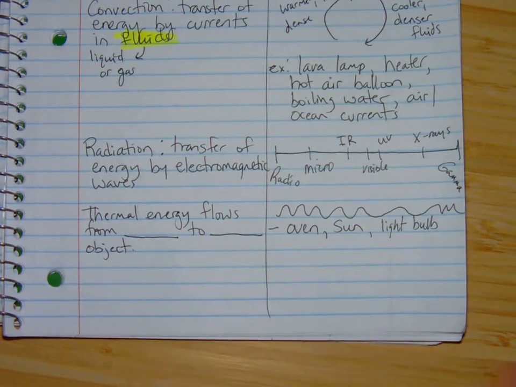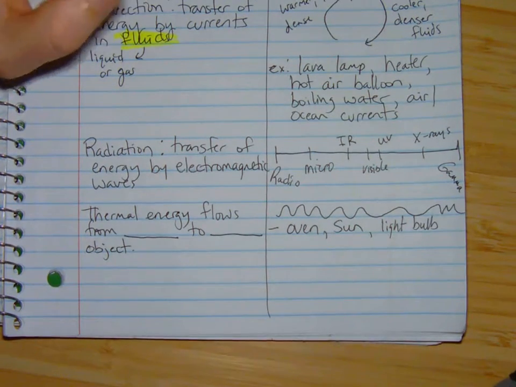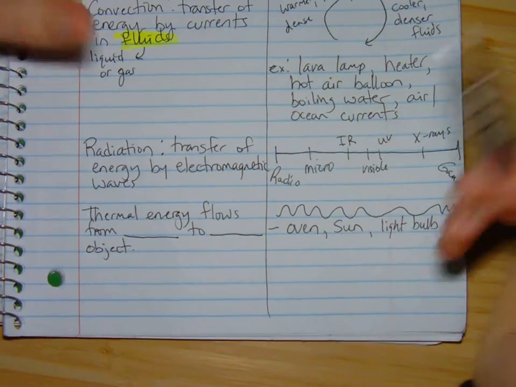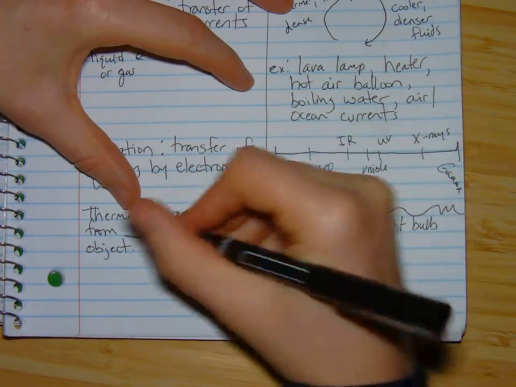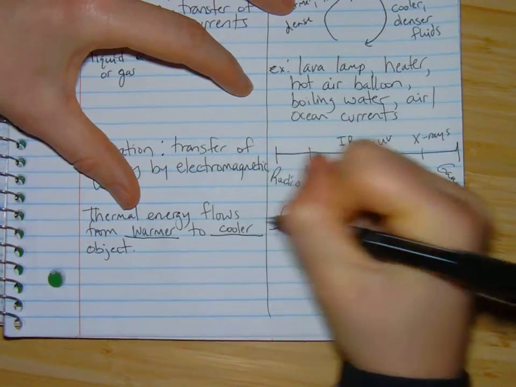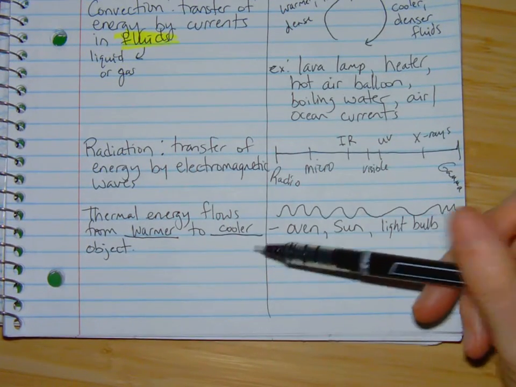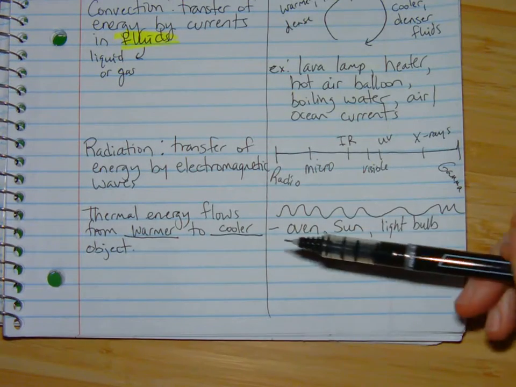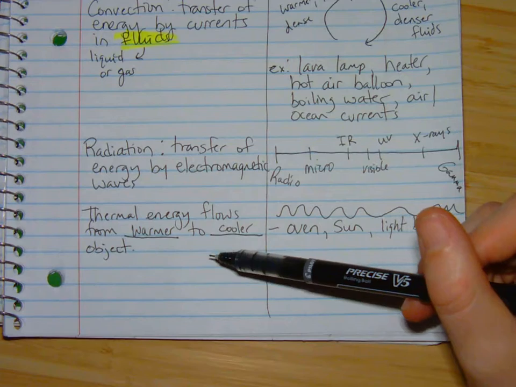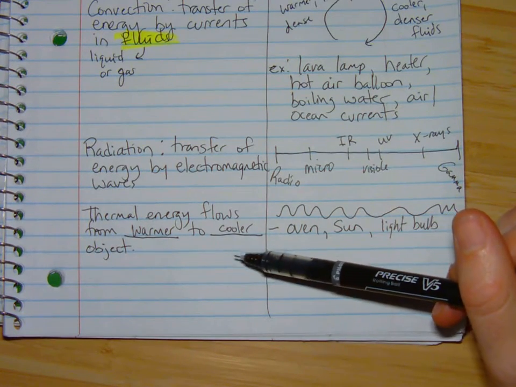Think about that ice cube example. You're holding ice in your hand. Your hand begins as something that's much warmer, has a higher temperature than the ice cube. The ice cube melts. So using that analogy, we know that thermal energy flows from the warmer to the cooler object. That's an important law of thermodynamics, which we'll name later. Thermal energy always flows from the warmer object to the cooler object.